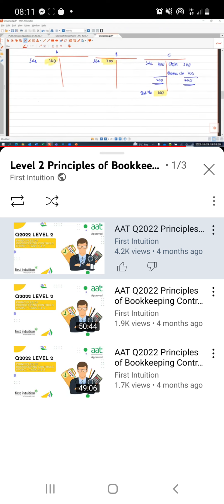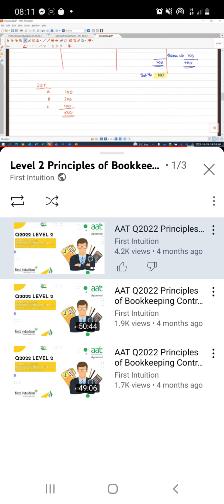So when I make my little list here to say A, 100, B, 300, and C, 100, they do indeed total 500. And that's what I'm always hoping for, that the amount in my list or my receivables ledger will equal the receivable ledger control account, because I'm doing exactly the same thing in both.